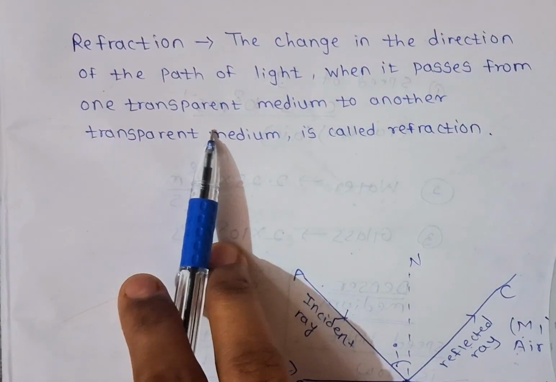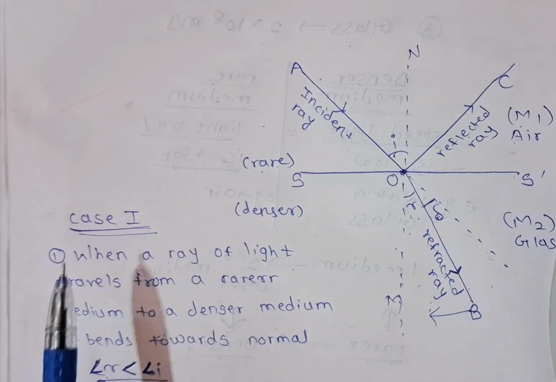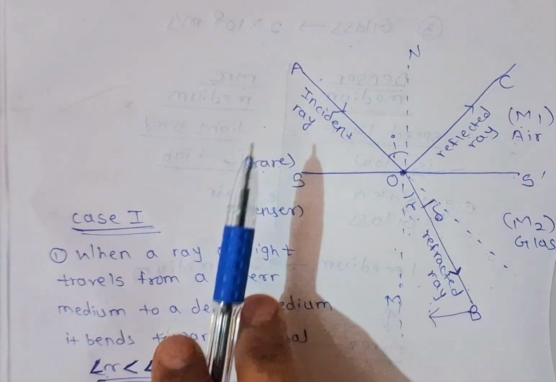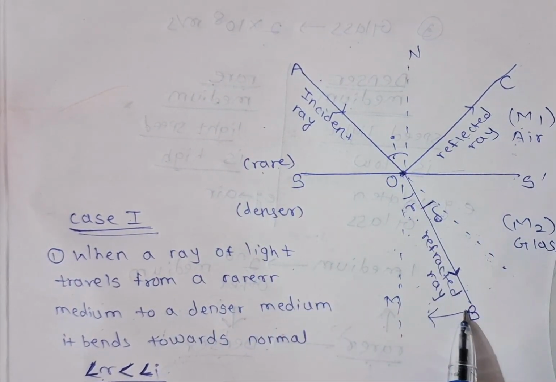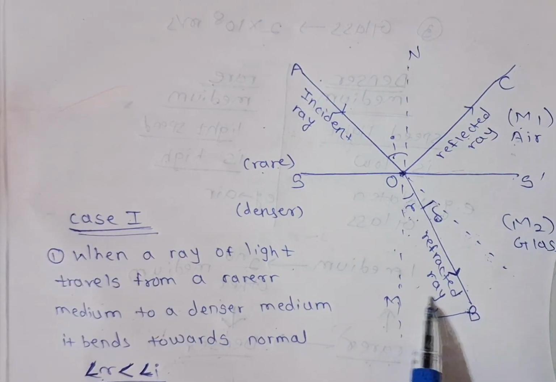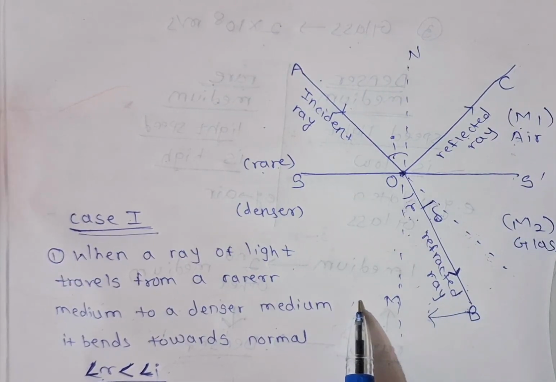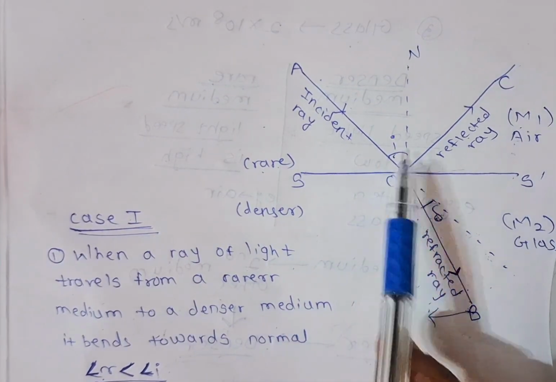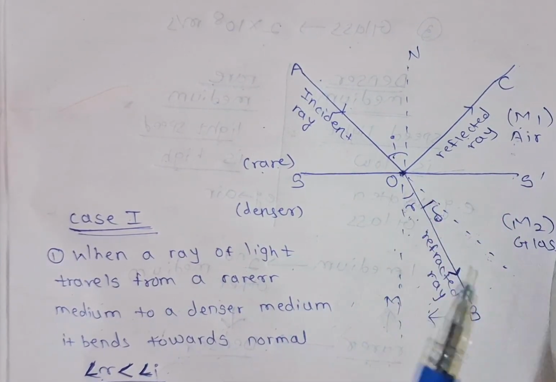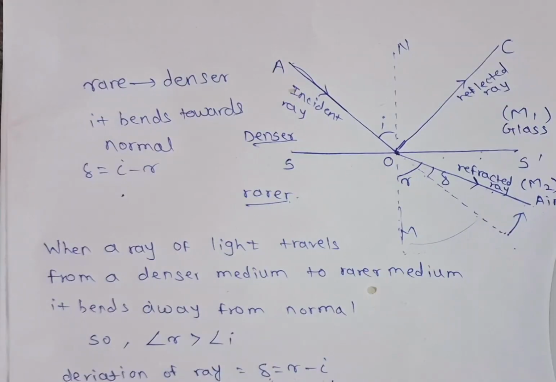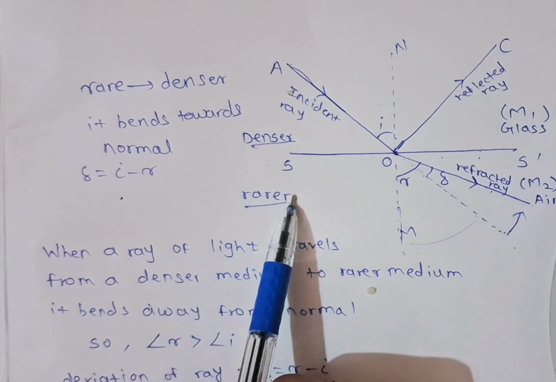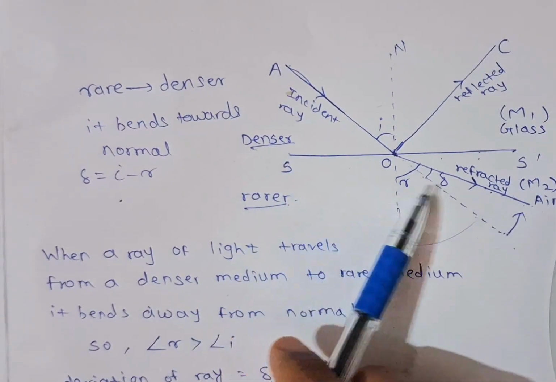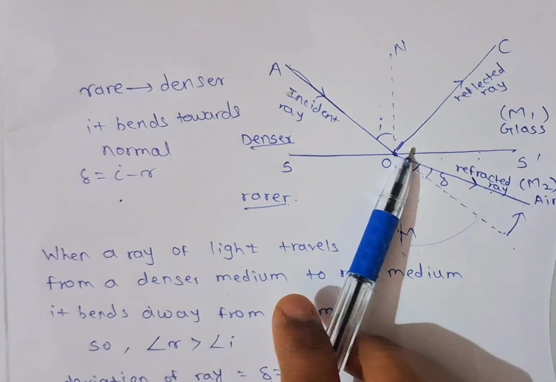Okay, we have seen the definition of refraction. In the first case, when light travels from rarer medium to denser medium, the refracted ray gets bent towards the normal, and we have seen the values of I, R and deviation. In case 2, we saw that when light comes from denser medium and enters the rarer medium, the refracted ray bends away from the normal.